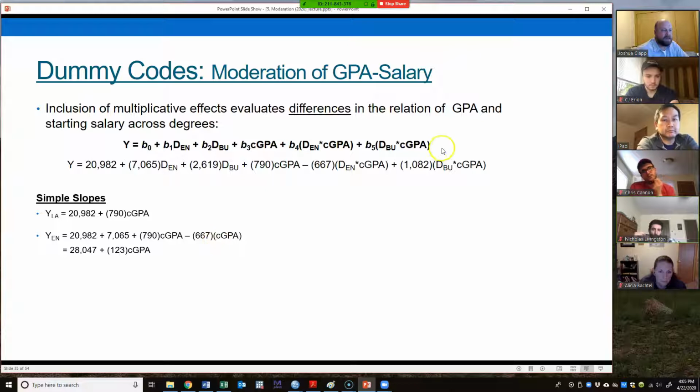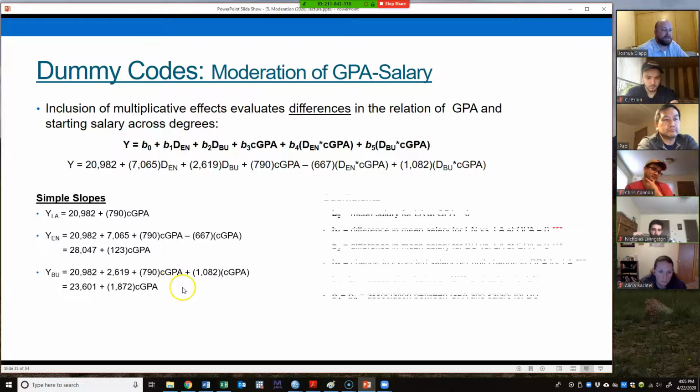That drops down here. Business is gone because that's 0. Gives me a simple slope of 28,047 plus 123 GPA. Same thing if I do business, and this is just substituting zeros and ones into here. Stuff falls out. Gets me my simple slopes for business.